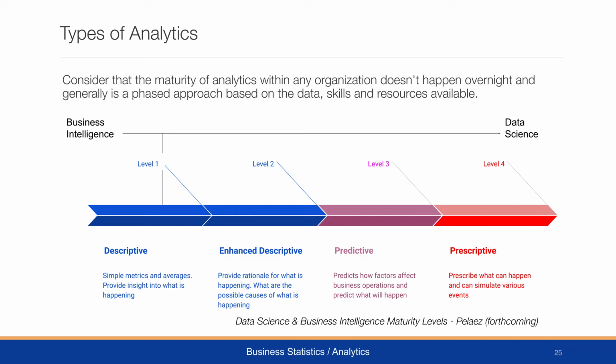And when we get to predictive, we have a level 3, which is how factors affect business operations and predict what will happen. We will actually create these predictive models using machine learning algorithms and artificial intelligence algorithms to actually give us that result. And we have prescriptive models which can prescribe what will happen and even simulate various events that will occur. And this is this spectrum between business intelligence all the way out to data science.